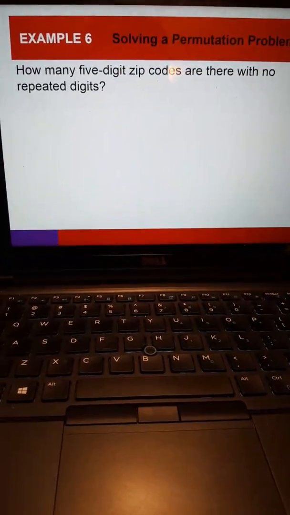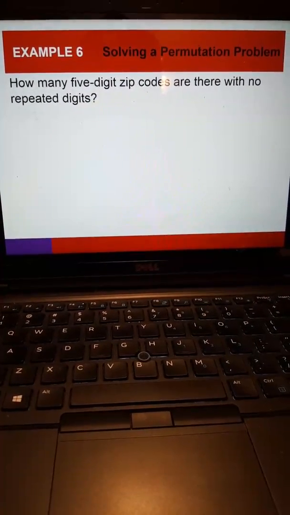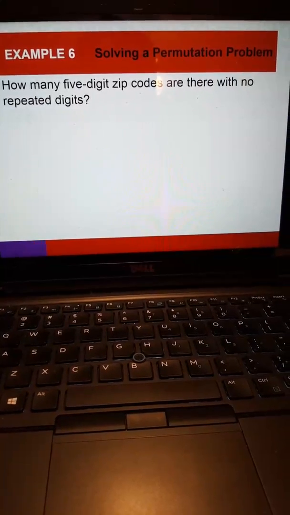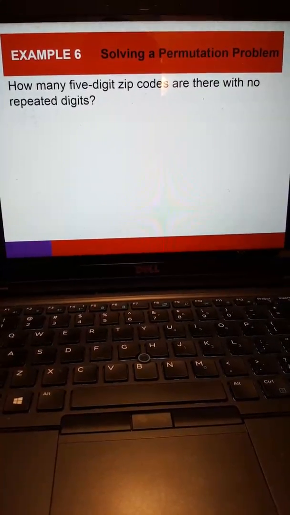All right, so here it says, how many 5-digit zip codes are there with no repeated digits? Okay, so the first thing, let's do nPr is equal to n factorial over n minus r factorial.